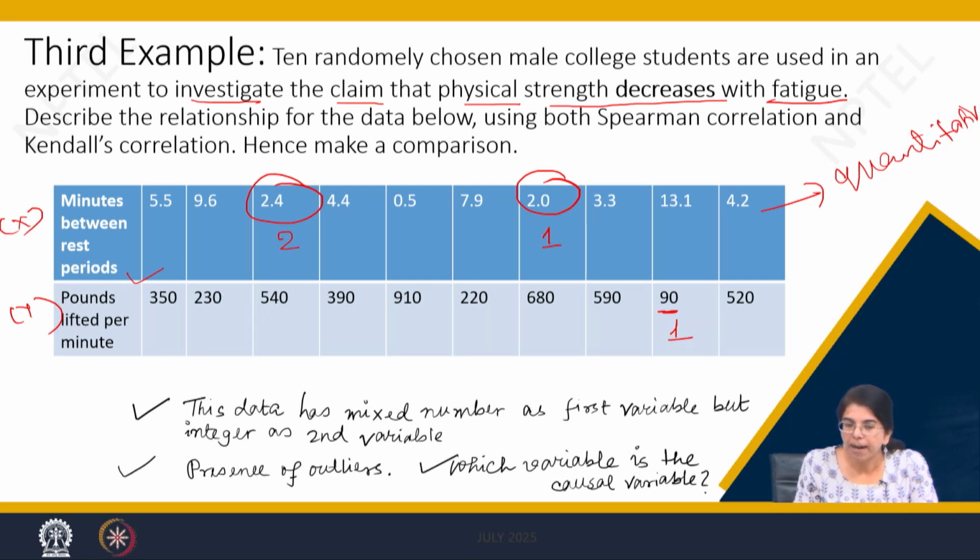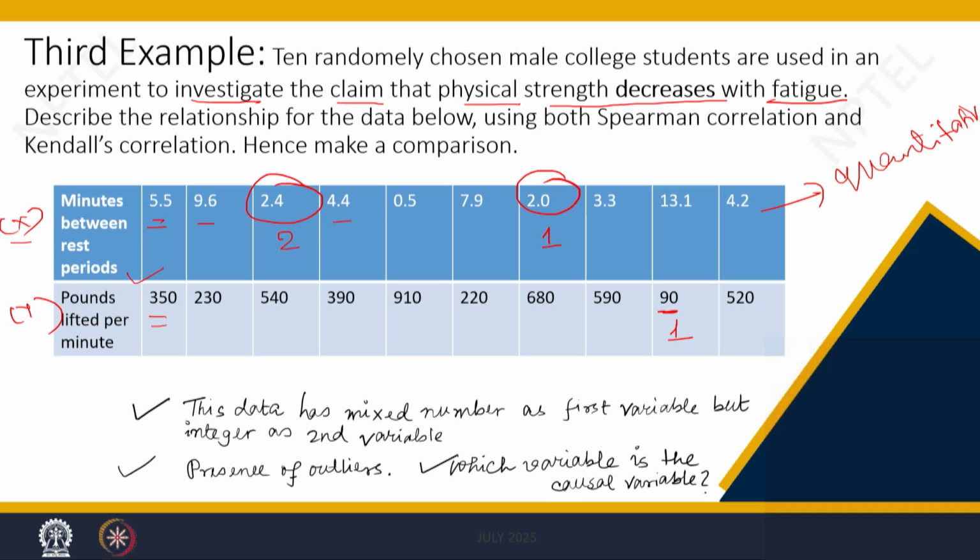One more point, perhaps you have noticed that this example contains mixed numbers and integers. Clear? So for X you will have mixed numbers, that means numbers bearing the decimal point, right? 5.5, 9.6, 4.4, like this.